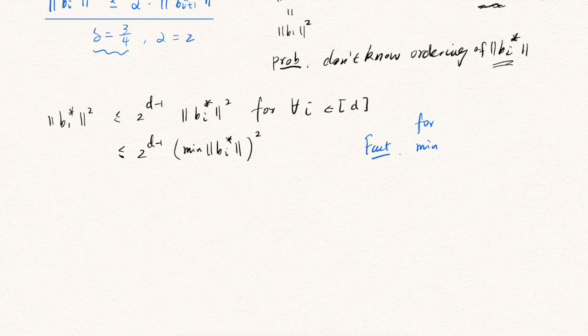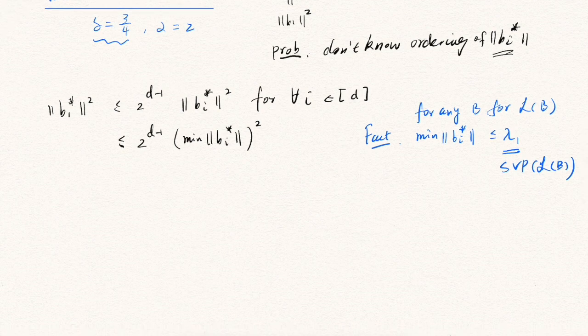For any basis for the lattice, the minimum of Bi star is shorter than or equal to the shortest vector of the lattice, lambda 1. So we have this fact, which I'll get back to in a little bit.